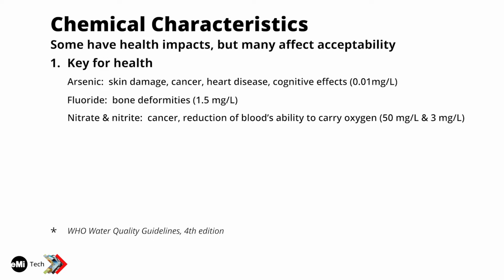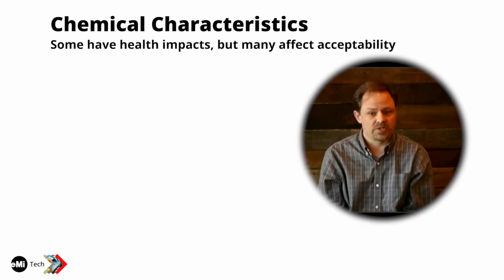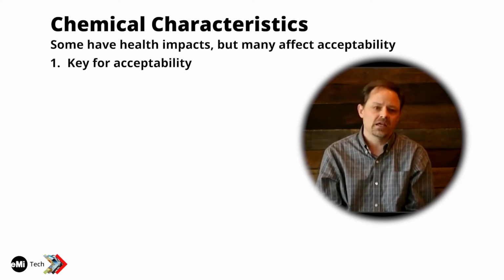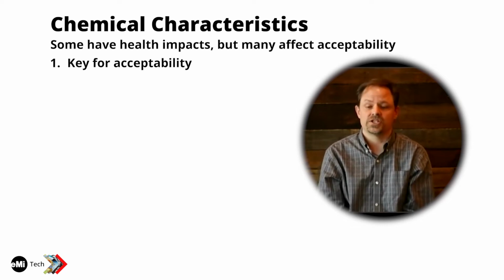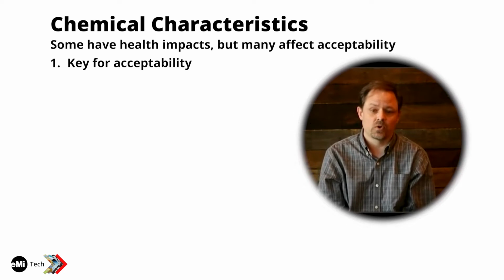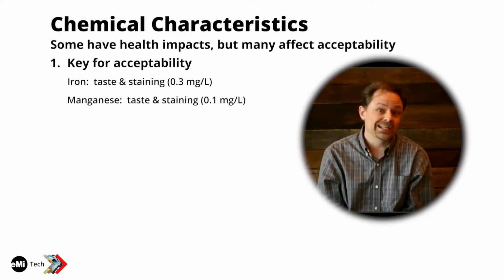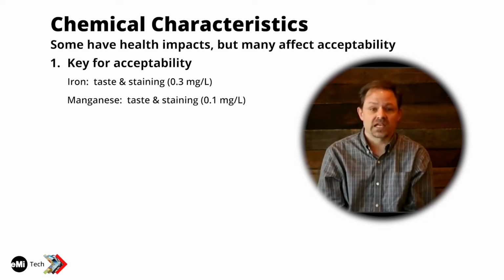Now, of course, as I said, most chemical characteristics are important primarily for the acceptability of the water. And again, according to the World Health Organization, these are the most important characteristics for determining acceptability. So iron and manganese, both of those affect the taste of the water and can also lead to staining of clothes.